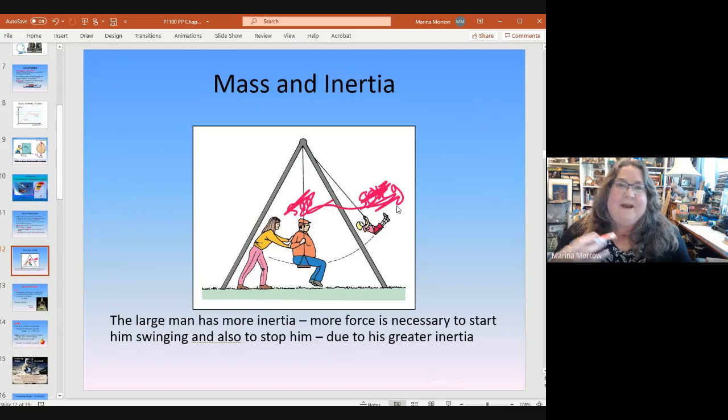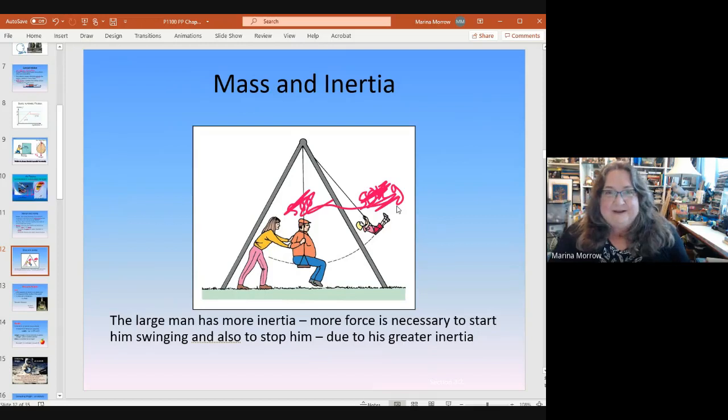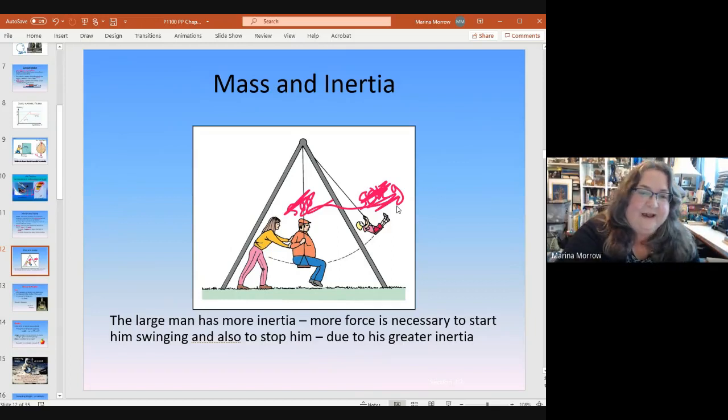So he would be like 500 newtons of force. Remember that people are around 50, 60, 70 kilograms. So let's say he has 10 times as much mass as she does, then he's going to have 10 times as much inertia. So 500 newtons or 50 kilograms.